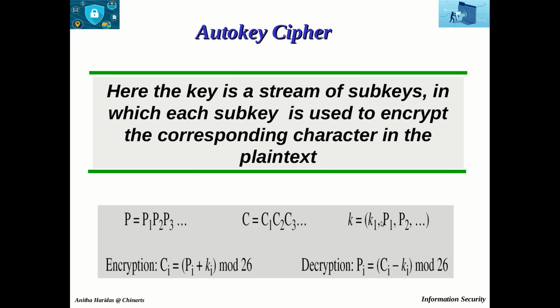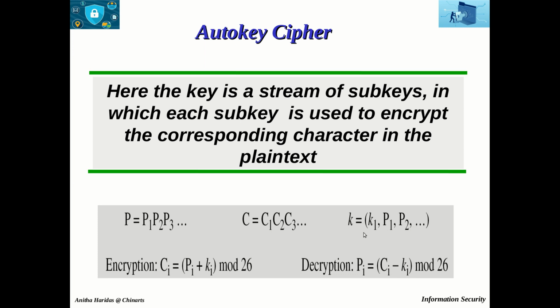That is what we have to note here. I repeat, the first subkey is a predetermined value secretly agreed between the sender and the receiver, whereas the second subkey is the value of the first plain text character, and the third subkey is the value of the second plain text character, and so on.